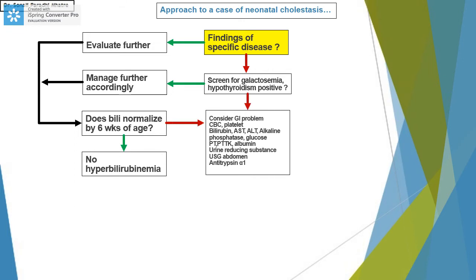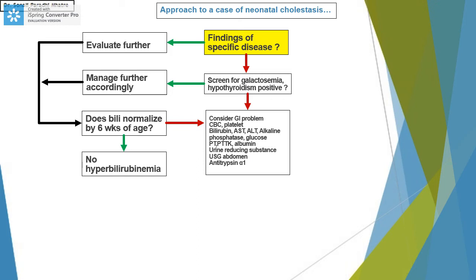Now here consider GI problems. Now you have to send your battery of tests, including the complete blood count, the platelet count specifically. You will be ruling out sepsis, the bilirubin levels, the entire liver profile including the liver enzymes, PTTK. Liver is very essential for the protein metabolism, so the albumin will be checked.